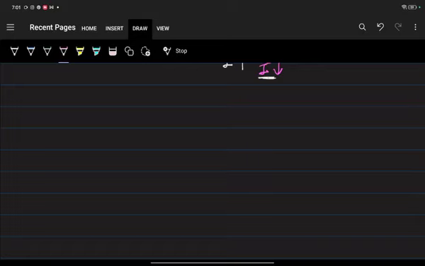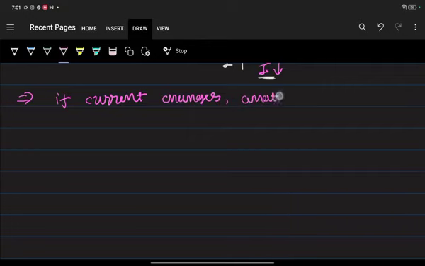So what happens to the deflection of the compass needle placed at the given point if the current in the copper wire is changed? If current changes, what happens to the needle?